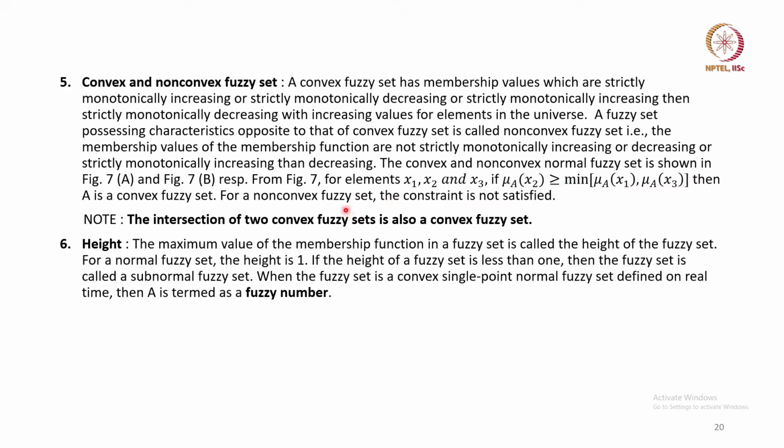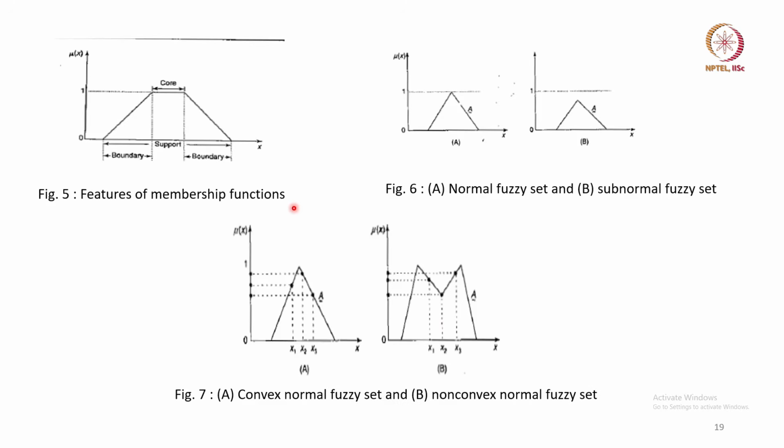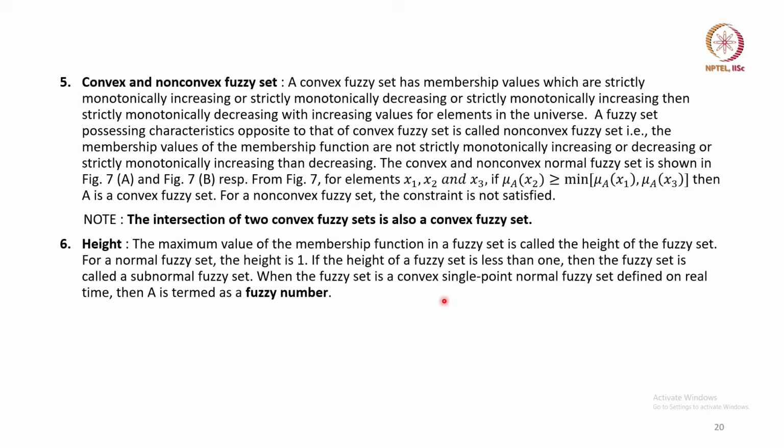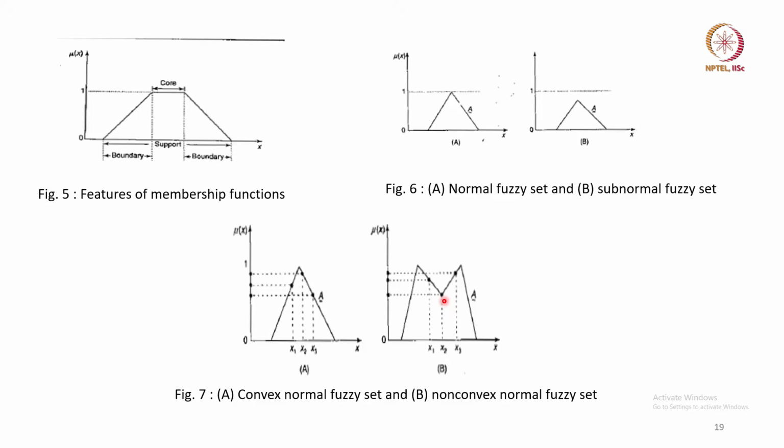Otherwise, it's a non-convex fuzzy set. If we take this second one, it doesn't really work. The membership value of the middle one is not greater than that of the other two. So this is not a convex set, whereas this one is a convex fuzzy set.